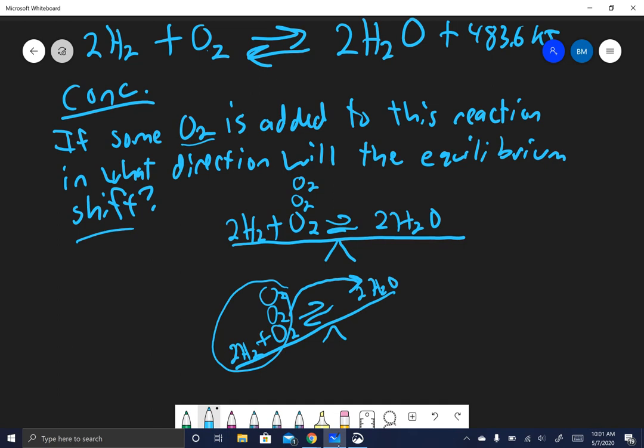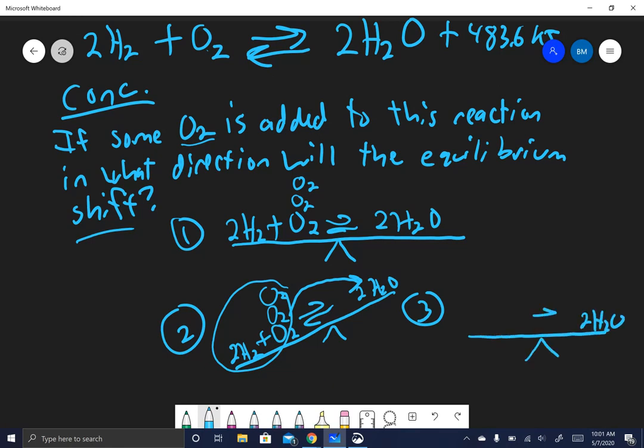So now if this is picture number 1, picture number 2, I'll do number 3 over here. So now we're back to being balanced, 2H2O, O2, 2H2.